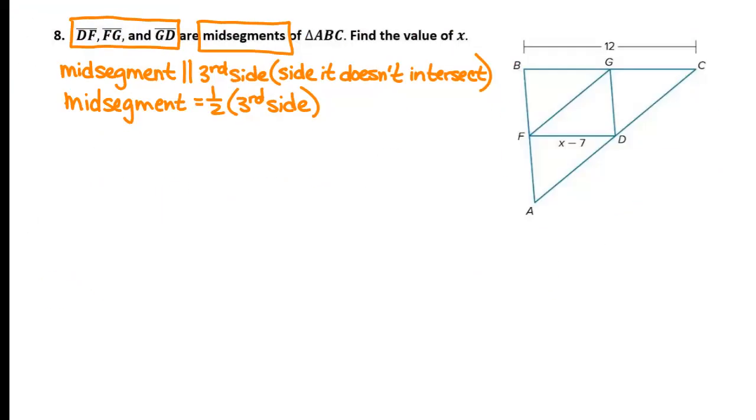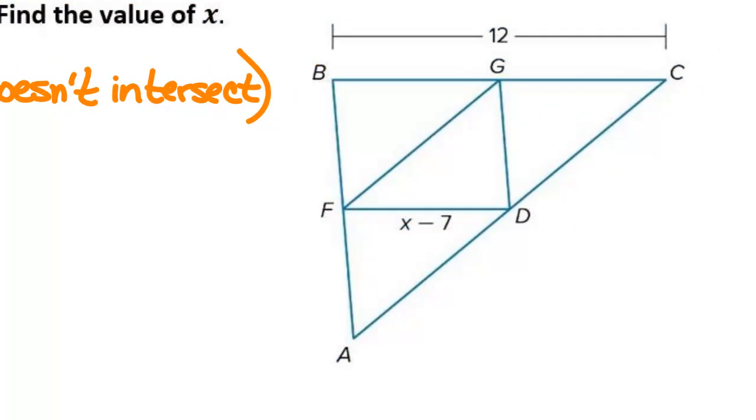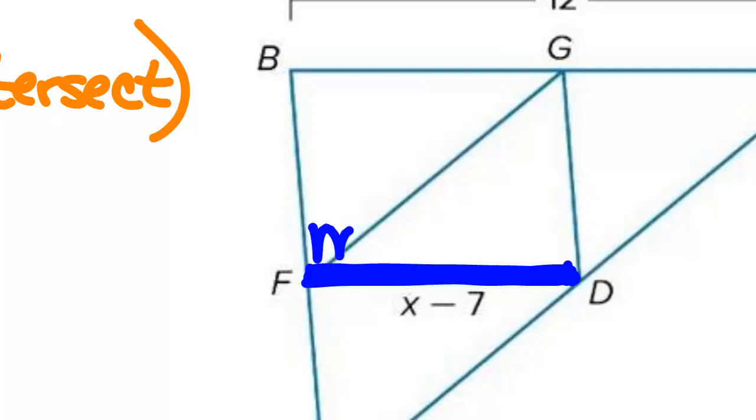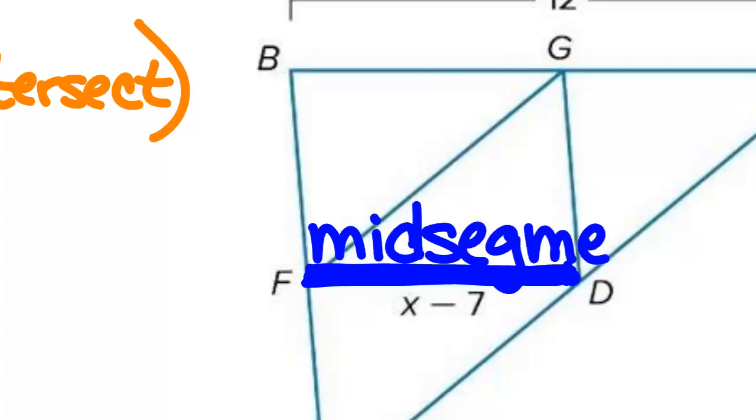So I want to come over here and look at the picture now. Right here, this segment, this is where X is, and they asked me to find X. Is this a mid-segment? Is FD a mid-segment? Yes. What's the side that it does not intersect?